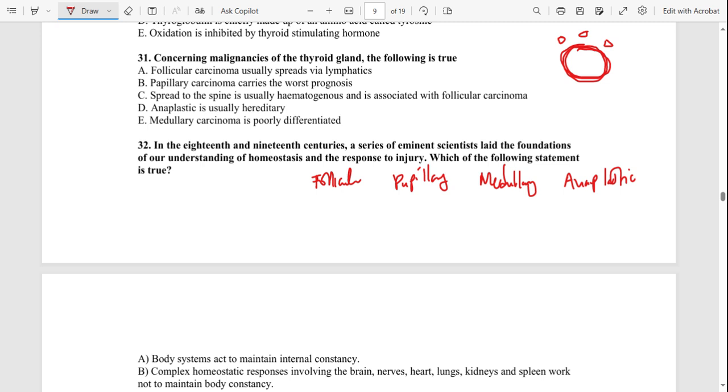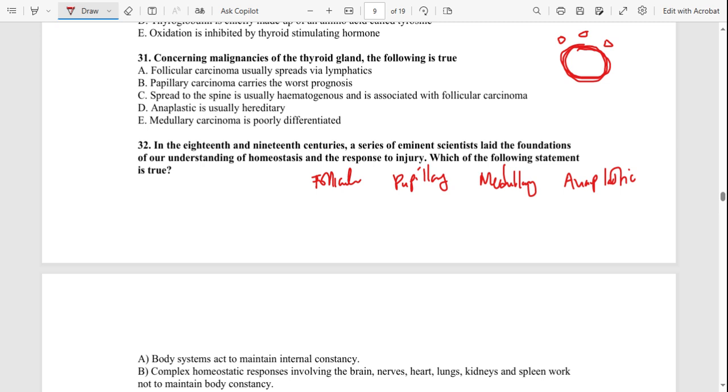And when it comes to the spread, the papillary is going to mostly spread via the lymphatic system to the regional lymph nodes. And then the follicular spreads normally via hematogenous route and it goes to the bones and also to the lungs. The medullary spread can be either lymphatic or hematogenous. And for the anaplastic, the spread is direct invasion of local structures, and it can also spread by lymphatics and hematogenous.